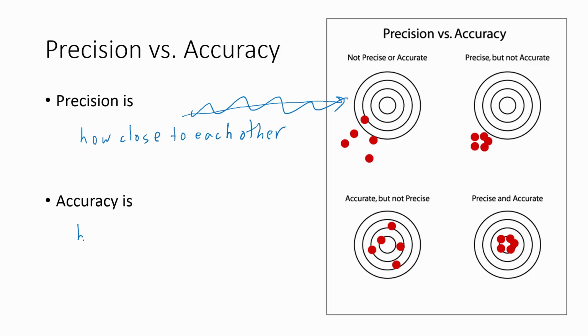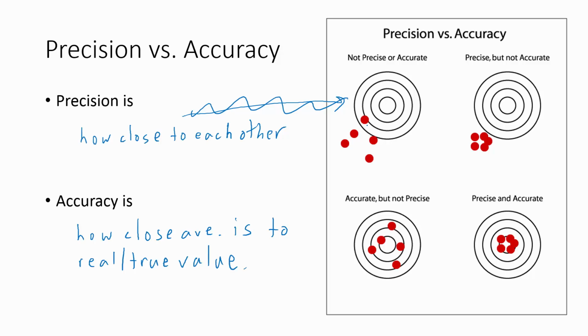Accuracy is how close the average of your measurements is to the real number, or the true value. Okay? So we have a couple of possibilities.